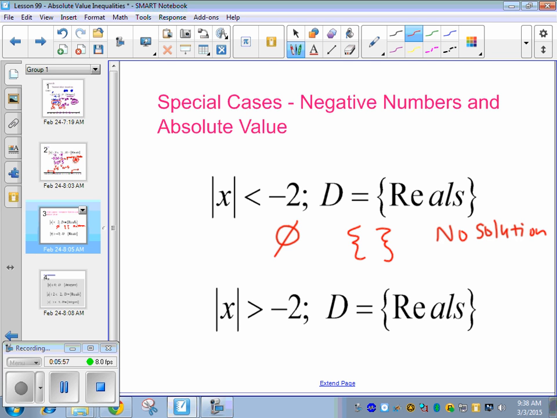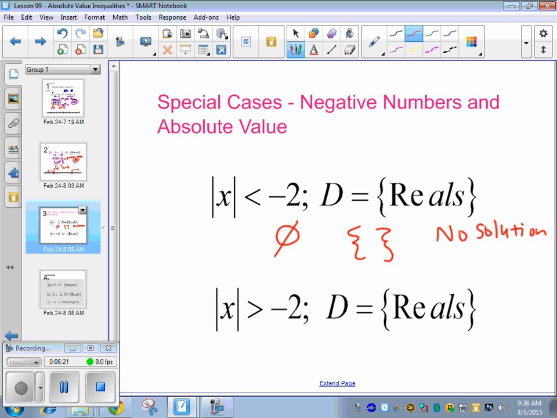And then the next one says the absolute value of x is greater than negative 2. Absolute value is always positive, right? So if I pick negative 100 and plug that in, that becomes positive 100. Is that a true statement? Yeah, 100 is greater than negative 2.